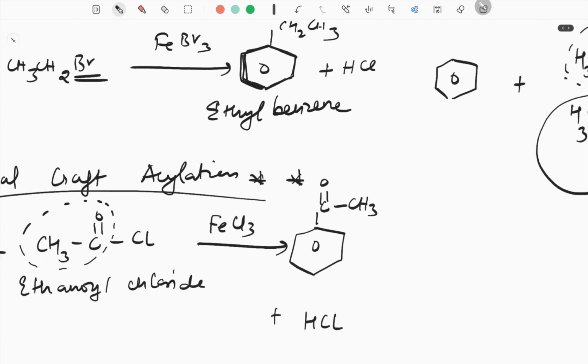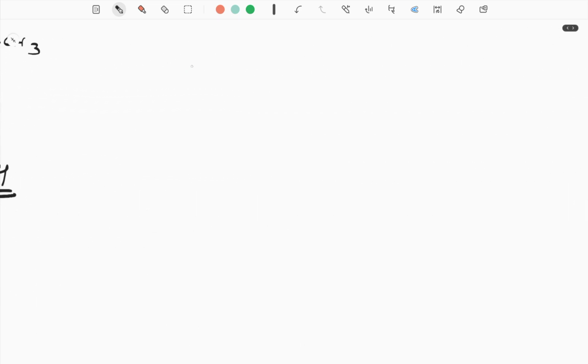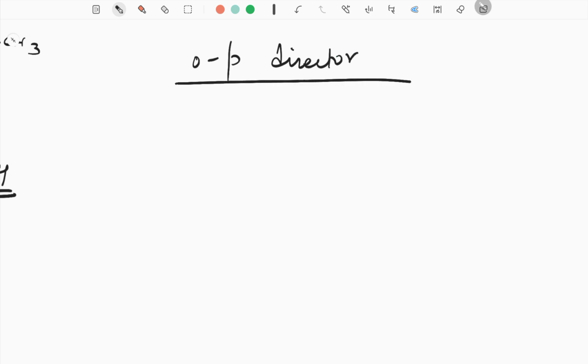So these are the chemical properties of aromatic compounds. And last, OP directors. What are OP directors? OP directors are ortho para directors.